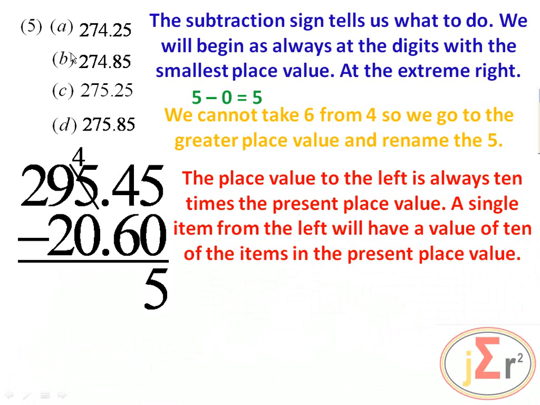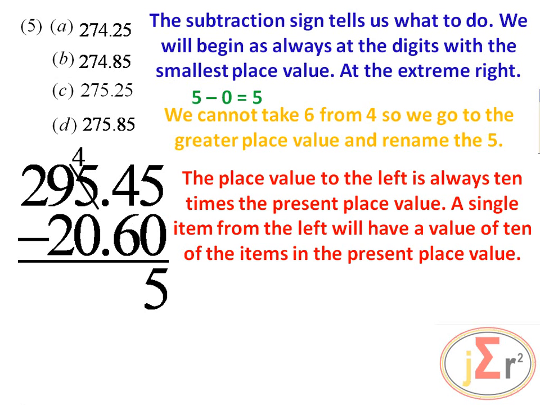So if we take a 1 from here and we are bringing it here, this is our present place value, because we are actually taking the 1 from the place value that is to the left. The place value to the left is always 10 times the present place value.